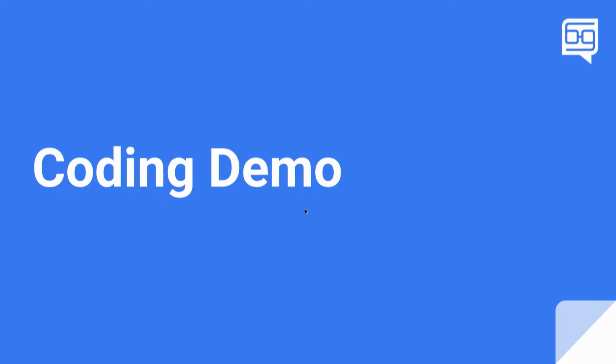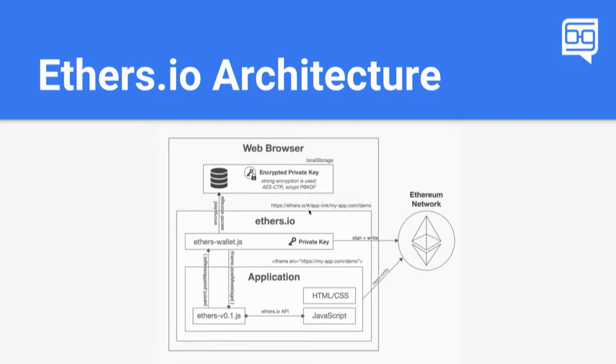It's kind of hard to see on the screen, but there's a URL fragment right over here where we're pointing to the app that we want to load into the iframe. So that's the gist of how ethers.io sandboxes your app and protects keys from just being exposed on the internet.